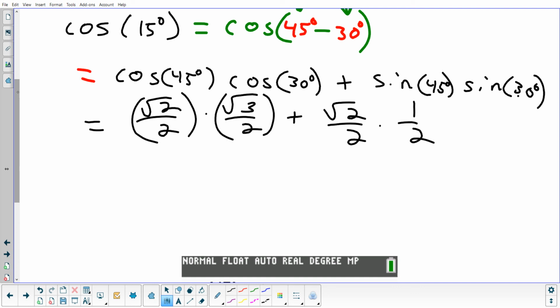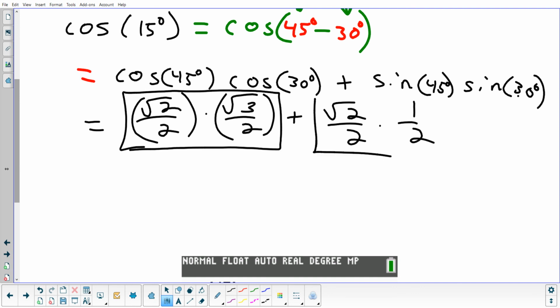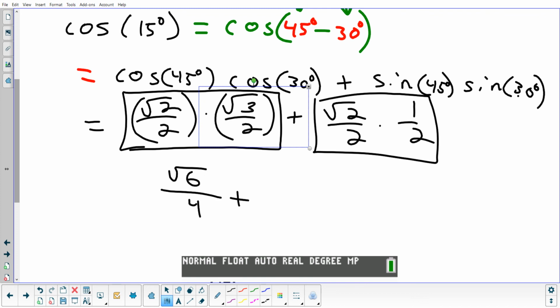So these two can be multiplied together. So we'll do those, and then we'll do those. When you multiply fractions, you just go straight across. Square root of 2 times square root of 3 is square root of 6. 2 times 2 is 4. And I'll do the other one. Square root of 2 times 1.